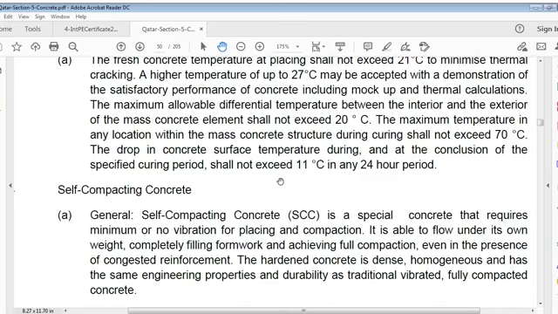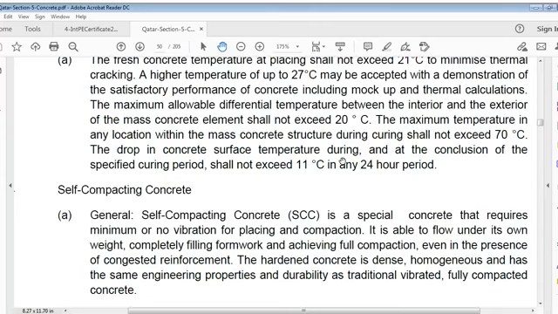During the curing period, the maximum temperature at any location within the massive concrete structure shall not exceed 70 degrees Celsius, and at conclusion of curing shall not exceed 11 degrees Celsius in a 24-hour period. Mind it, it is a 24-hour period, not 1 hour.